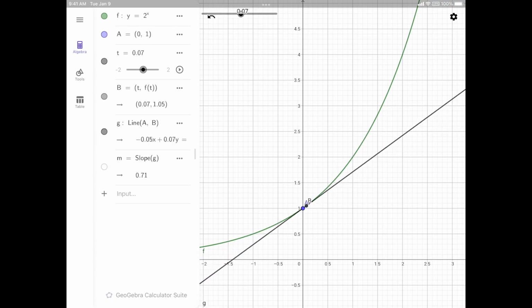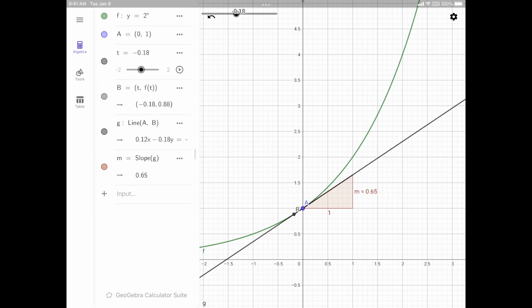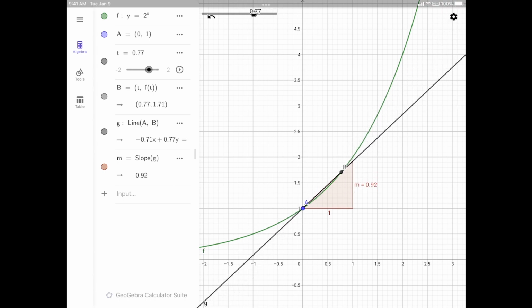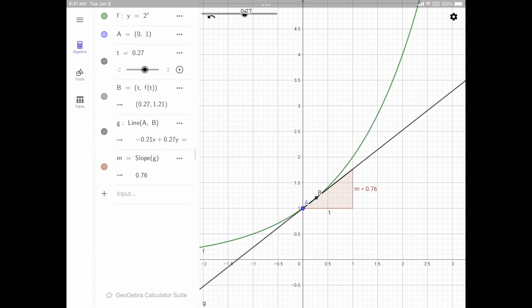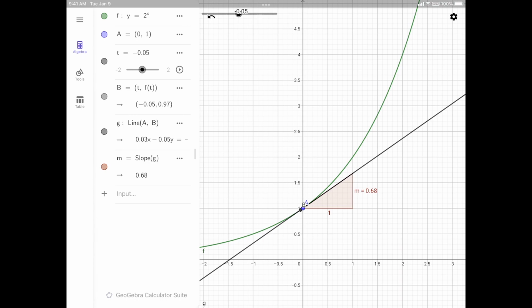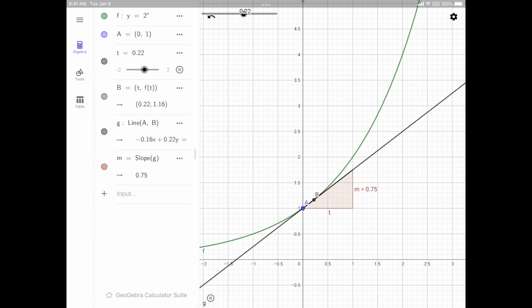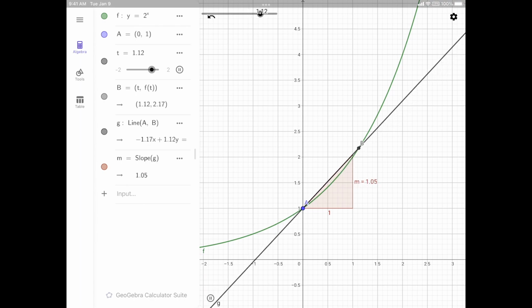Just notice that if I make t equals 0, then I'm finding a secant line between 2 points which are the same point, and that's undefined. And then the slope of the line, m, as I get closer and closer, gets close to the 0.69 that we're looking for. It's very, very close to 0.69. The closer I get to 0, if I let that animate on its own, you can notice that.